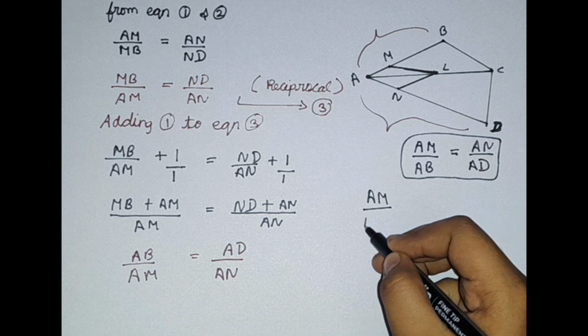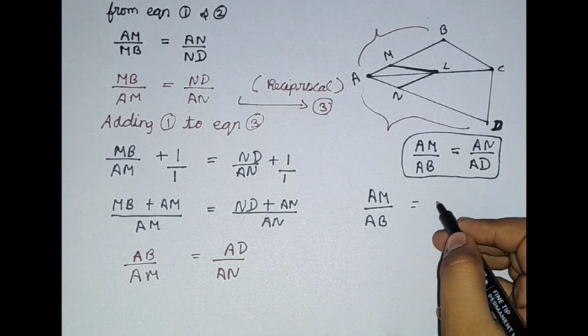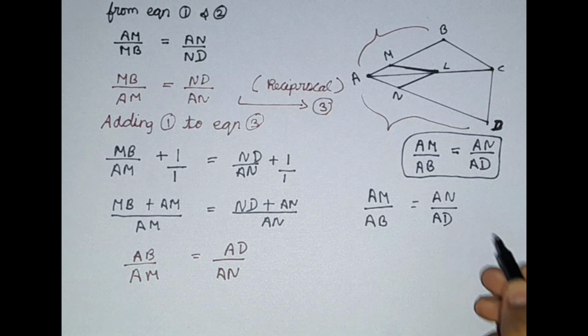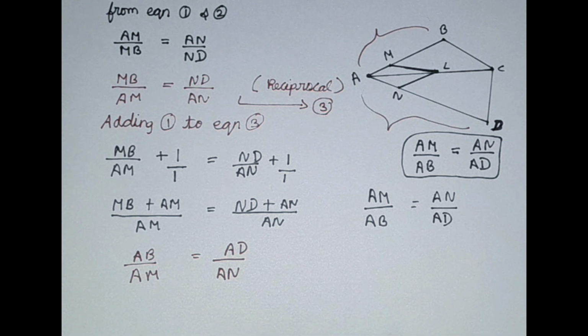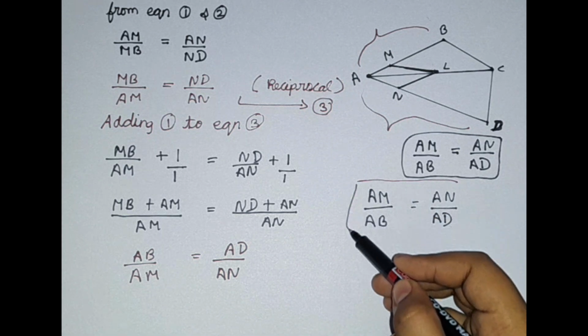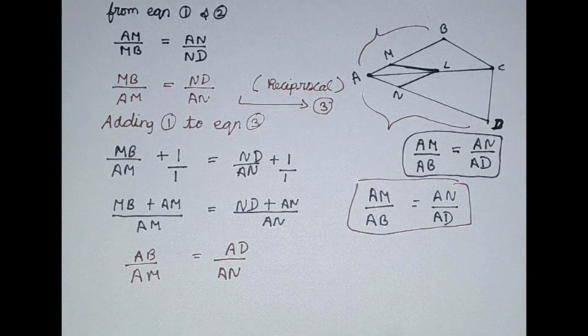Then AM by AB is equal to AN by AD. Am I right? So this is what we are supposed to prove, and finally we proved it.